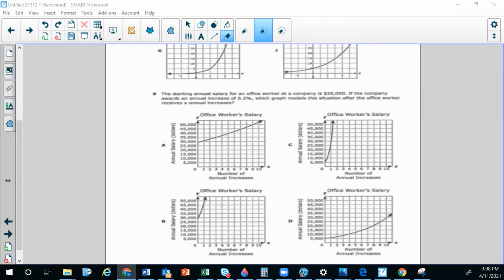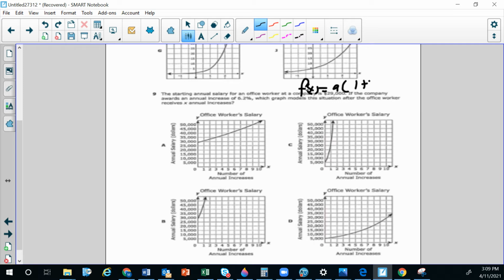Now, on this one, we're talking about exponential growth. All right, and so the formula for that is f of x is equal to a times 1 plus r to the power of x, where r is the growth rate, a is the initial value, and the 1 plus r is your growth factor.